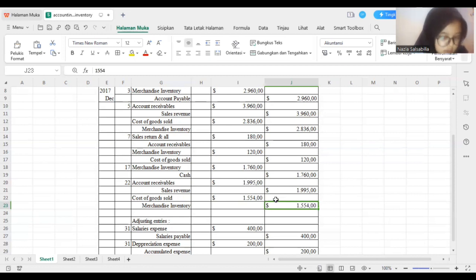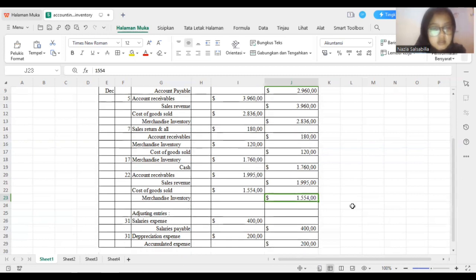Okay, adjusting entries. The first one is accrued salaries payable for $100. The journal is salaries expense for $100 on debit and salaries payable for $100 on credit side.